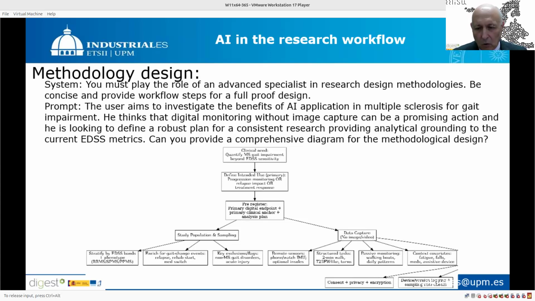Actually, I cut out part of the graph because it was very large, but the concept was very well focused. So starting off, there is a clinical need. I need to formulate the fundamental concept for the research. I need to make a piloting approach to identify the size of the sample, probabilities, etc., which is this part here.